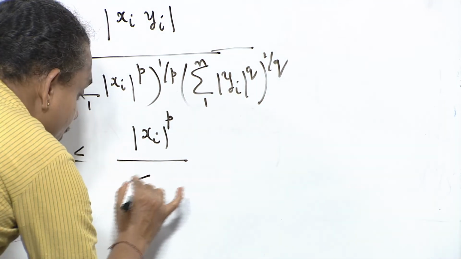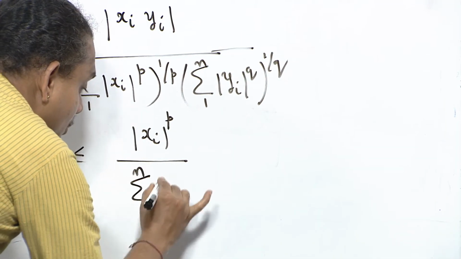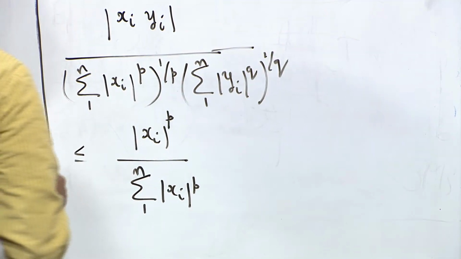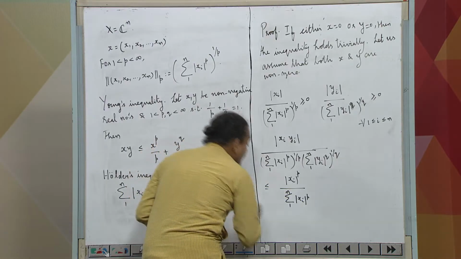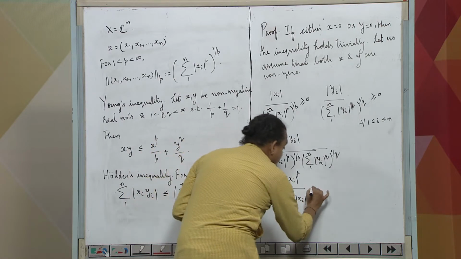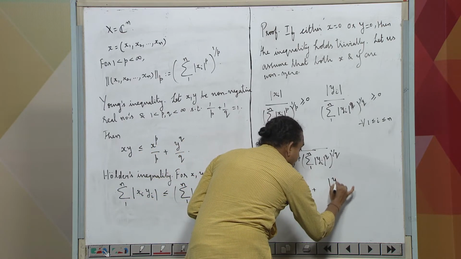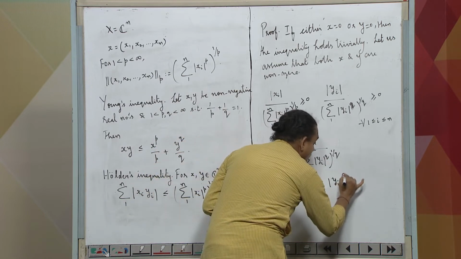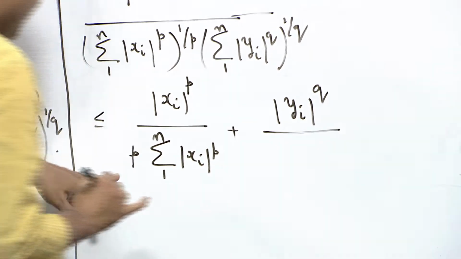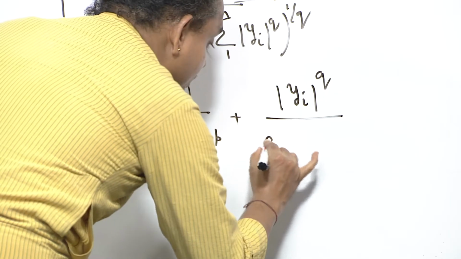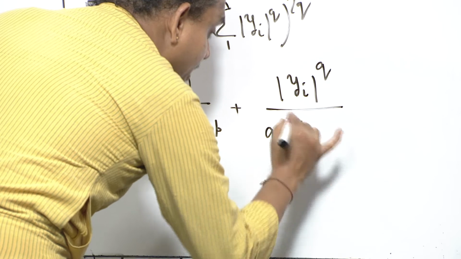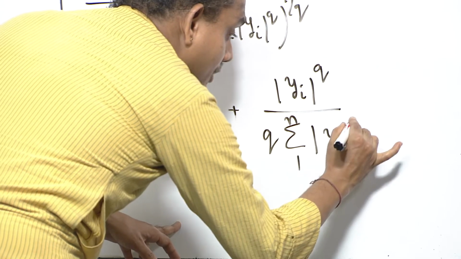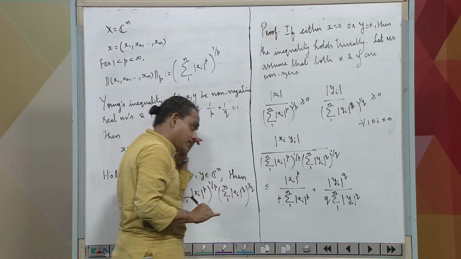Therefore, you will have mod xi raised to the power p upon summation 1 to n mod xi raised to the power p, whole upon p, plus mod yi raised to the power q upon q times summation 1 to n mod yi raised to the power q. So, this is what you have.